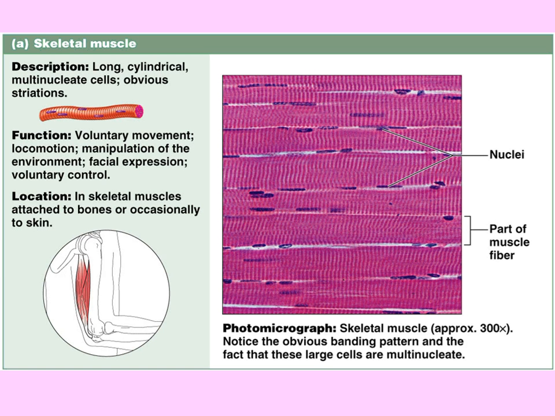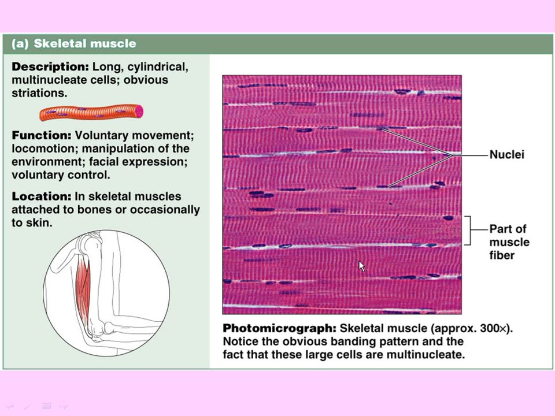So here's an image of some skeletal muscle. What I want you to look at first is that you can see some fibers running left to right on the slide, right? And if you look at each muscle fiber, there are several dark blobs in each muscle fiber. Each one of those is a nucleus. That's very unique to skeletal muscle.